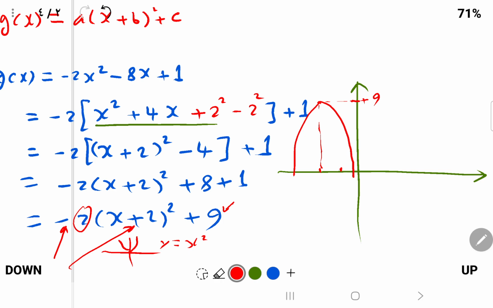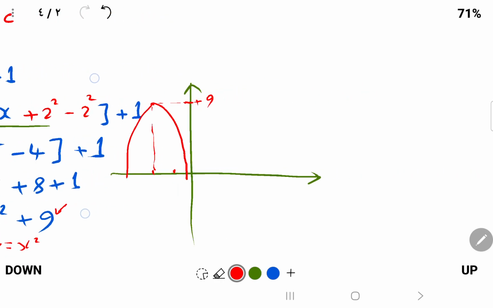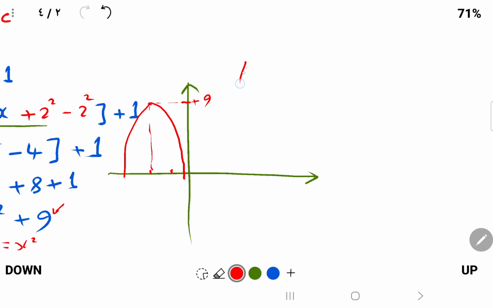The question also asks you to find the properties of the graph. Here we say it opens downward. So what properties of the graph do we have? First one, it opens downward.